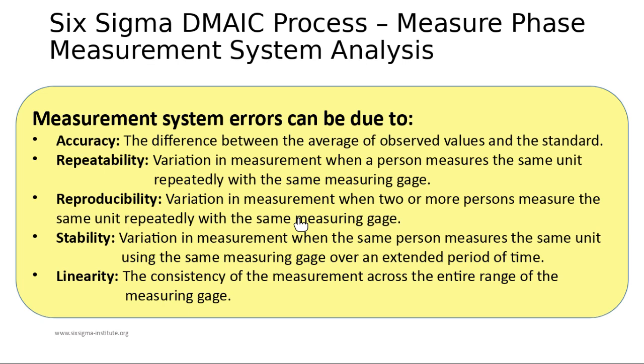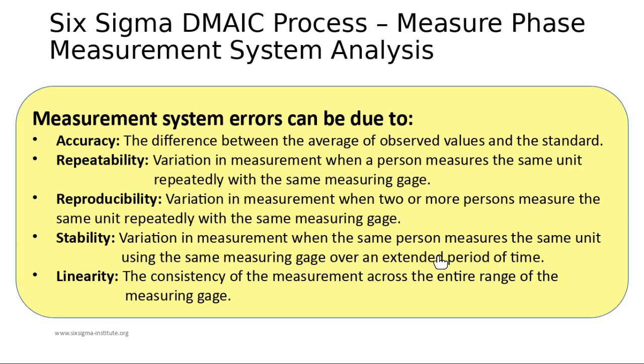Stability is the variation in measurement when the same person measures the same unit using the same measuring gauge over an extended period of time. That means if you are not doing the measurements repeatedly at the same time, but over an extended time, and they vary, that is called stability.